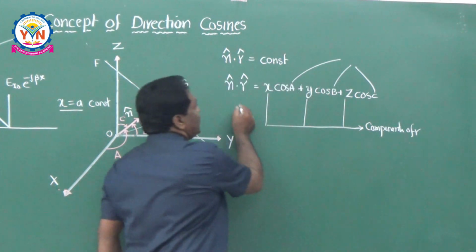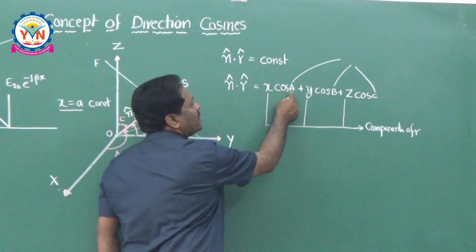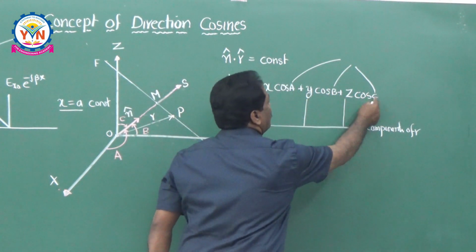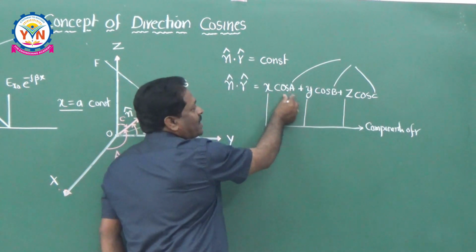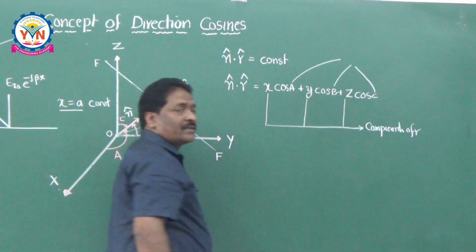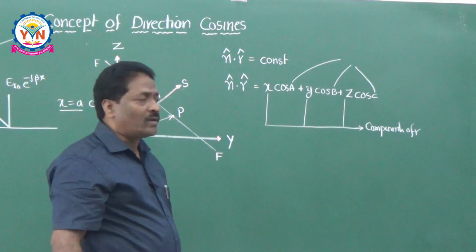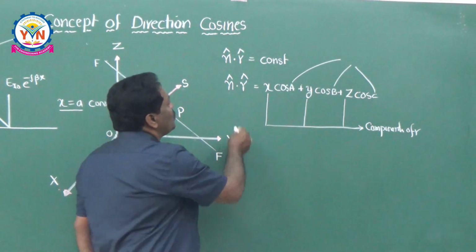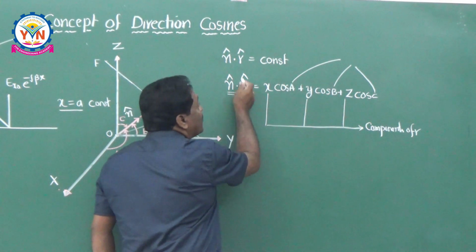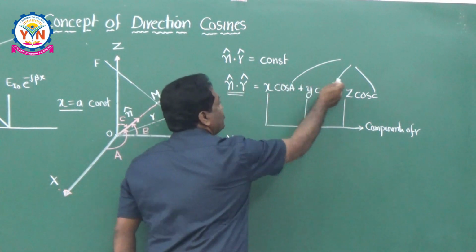That's why n dot r is equal to x cos A plus y cos B plus z cos C. And these cos A, cos B, cos C are also called the direction cosines. Direction cosines.